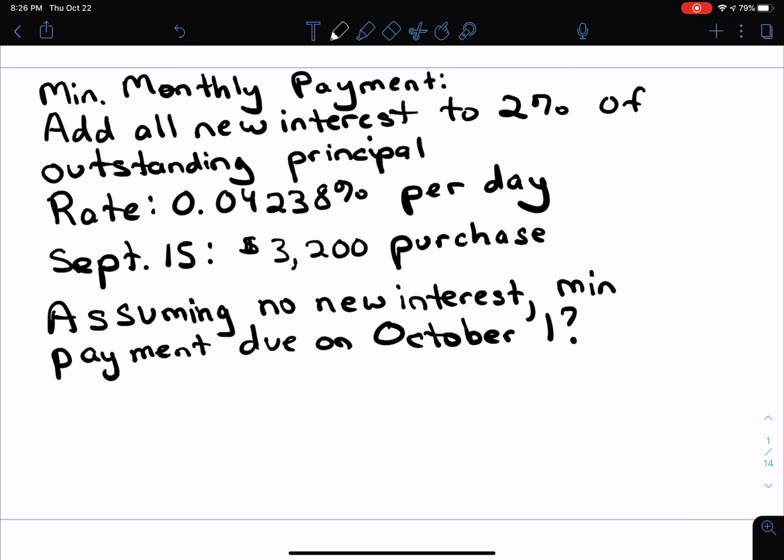But we're trying to figure out what the minimum payment will be. Even if she doesn't want to pay it off, what is the minimum they're going to ask her to pay so that she can avoid any fees or dings to her credit report? Since it's 2% of the outstanding principal, and the principal at this point is still $3,200, it's $3,200 times 0.02.